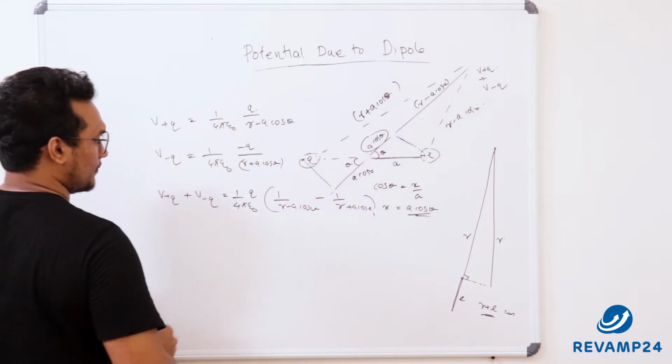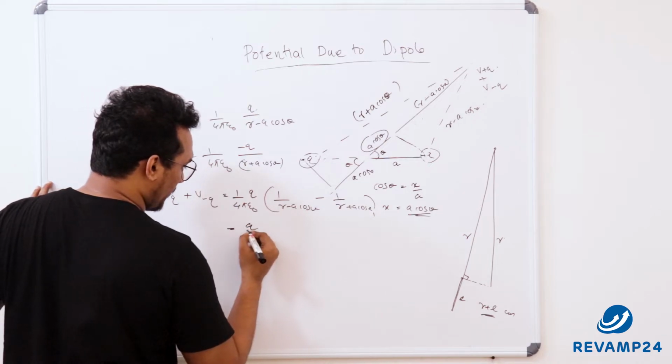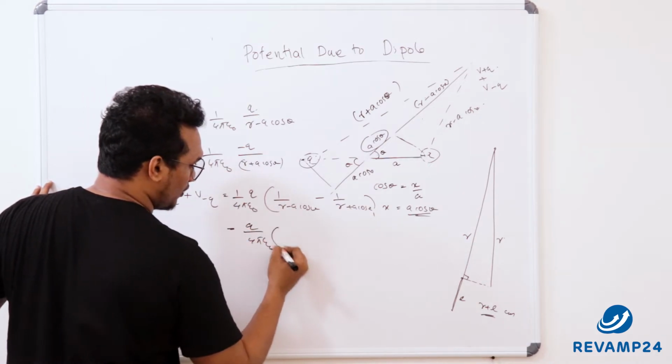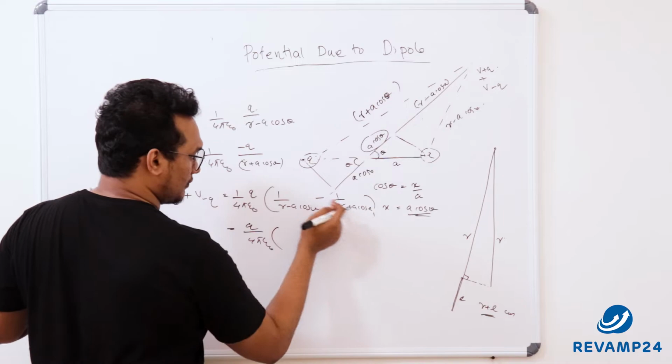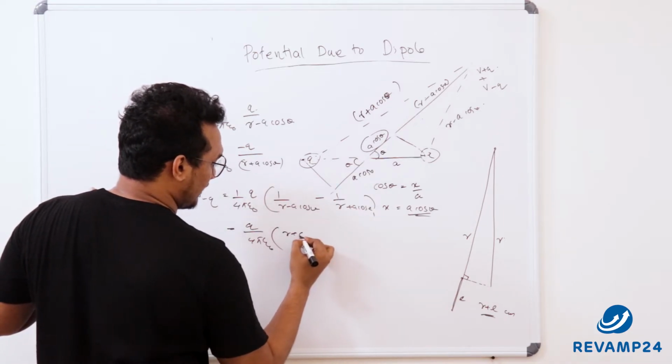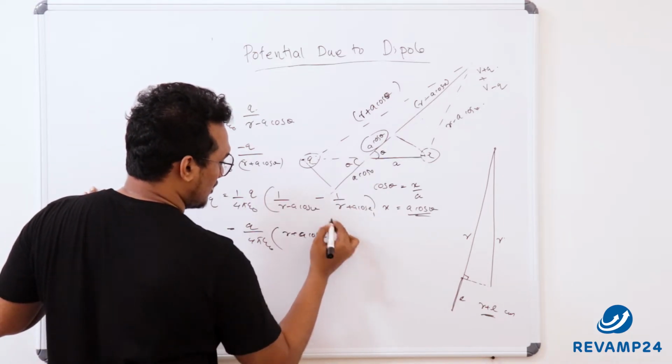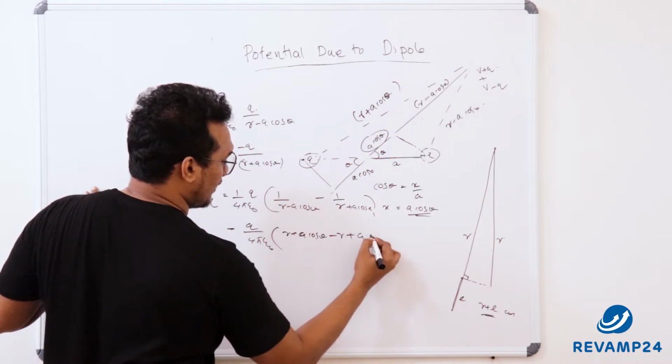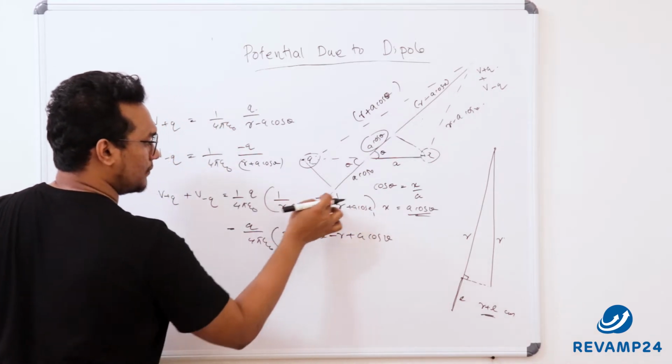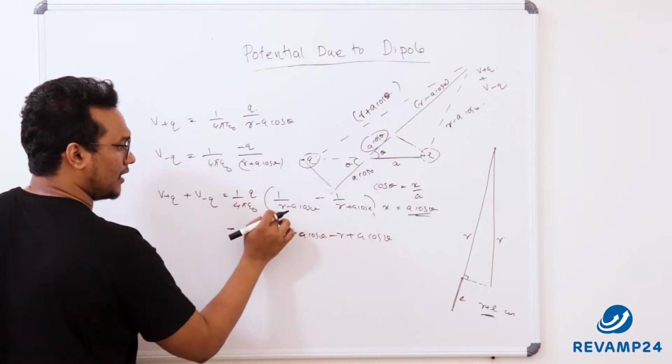Okay, now this is q by 4 pi epsilon 0, LCM of these two, cross multiply. So r plus a cos theta minus of r minus a cos theta. What I have done, I have multiplied across and then multiplied with negative.